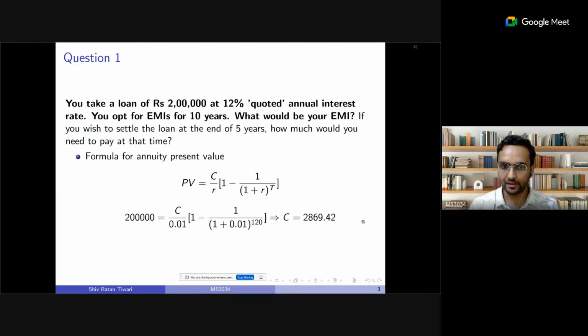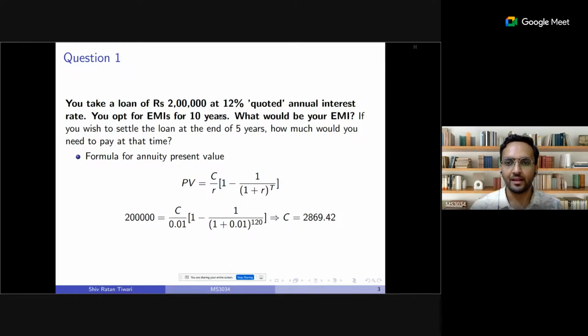So the present value should be equal to the current amount of the loan, that is 2 lakh rupees, and the present value of the annuity which pays C, my EMI, the constant payment which you will be paying per month against this loan. If you put in all the values, you can compute the EMI value for this loan.